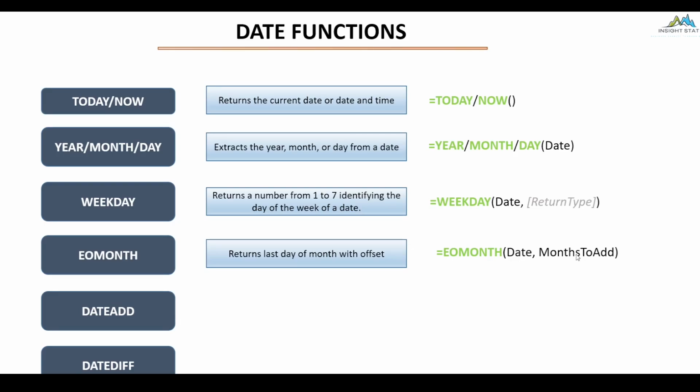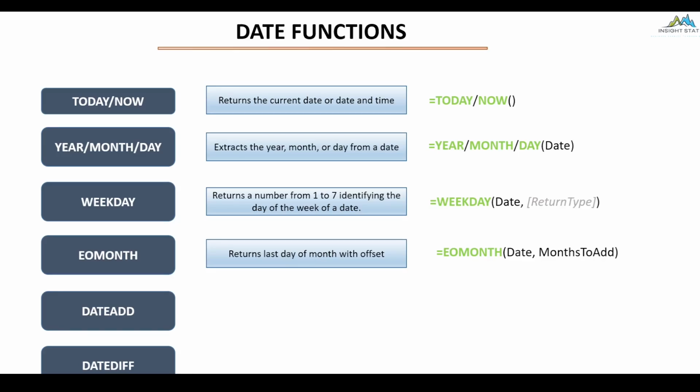So let's say my start date is 5th of January 2025 and I add 1 month to it, the output will show as not 5th of February but 28th of February. That is the last day of the next month, right? So it returns the last day of the month. Okay, we'll look at an application of this as well.